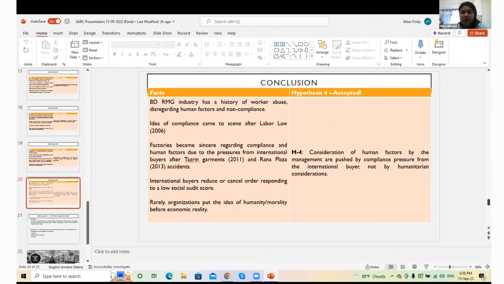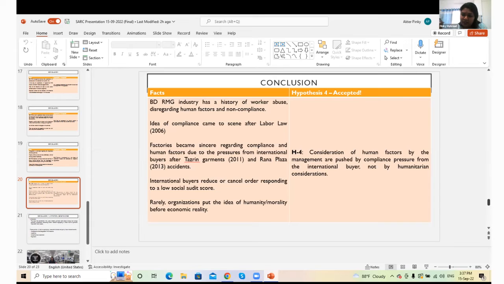And number 4, consideration of human factors by the management is pushed by compliance pressure from the international buyers, not by humanitarian considerations. The facts are, the Bangladeshi RMG industry has a history of worker abuse, discrediting human factors, and non-compliance. The idea of compliance came to the scene after the labor law 2006.